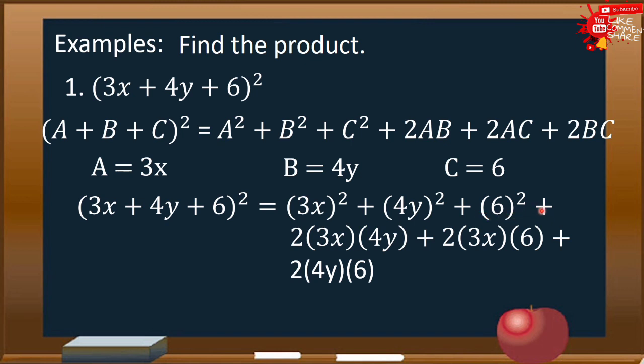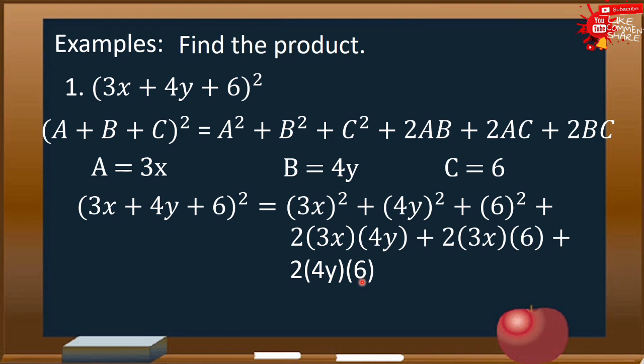Then plus 2ab: 2 times a, which is 3x, times b, which is 4y, plus 2ac: 2 times 3x times c, which is 6, plus 2bc: 2 times b, which is 4y, times c, which is 6.